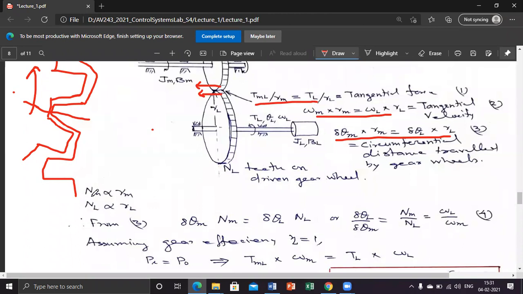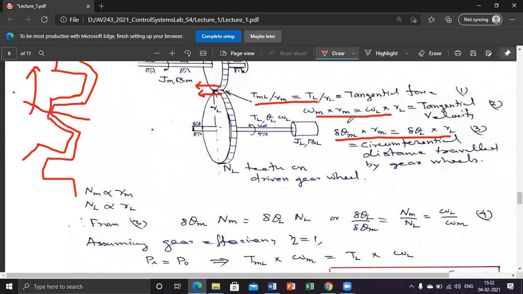See, NM, the number of teeth, is proportional to the radius because you are uniformly distributing equal width teeth over the driving and driven wheels. Hence you can always say that some constant K into RM is equal to NM, and the same constant K into RL is NL. So you can cancel K on both sides and write delta theta M into NM equals delta theta L into NL. That's how, and this is one portion.